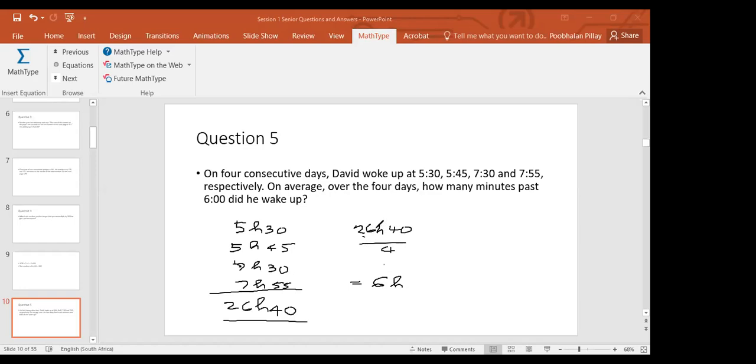Remainder 2, you convert that to minutes, that will be 120 minutes, and add 40 to it to get 160 minutes. You divide that by 4, and you get 40. So this is the average time, 6:40. And the question is, for how many minutes past 6 did he wake up? So he got up at 40 minutes past 6. So the answer is 40. You have to answer the question. How many minutes past 6 did he get up?